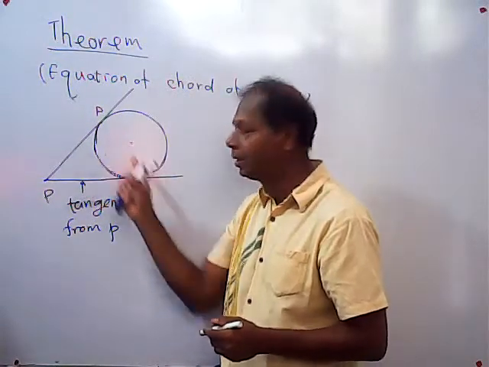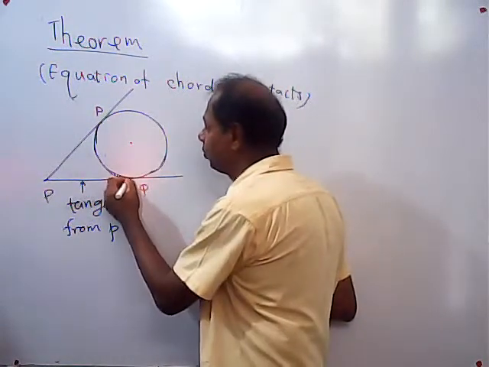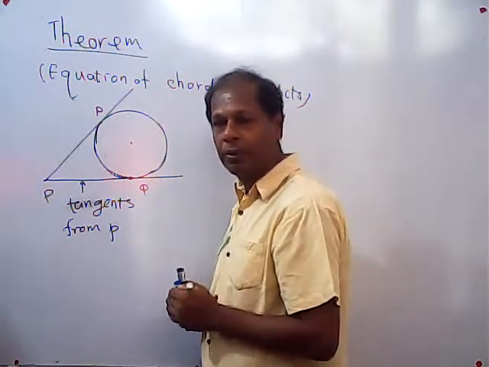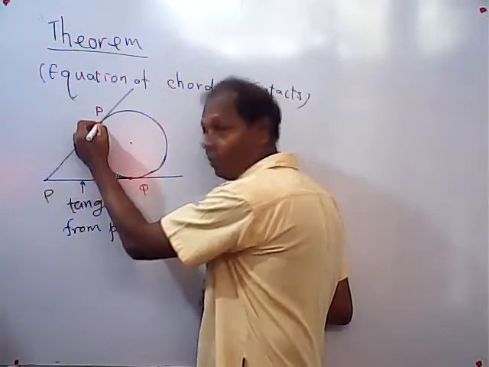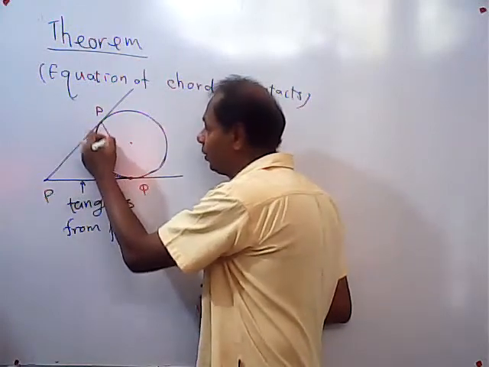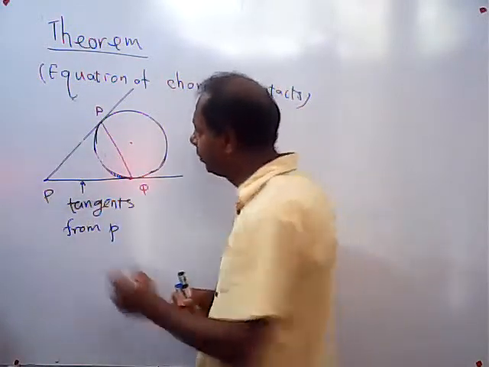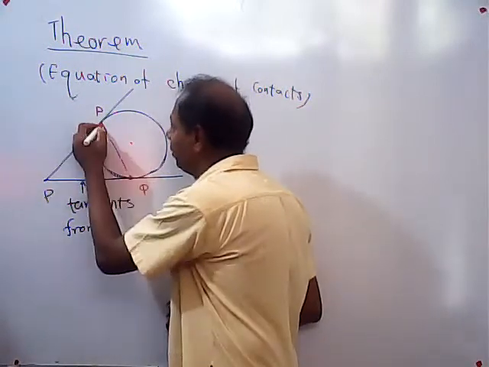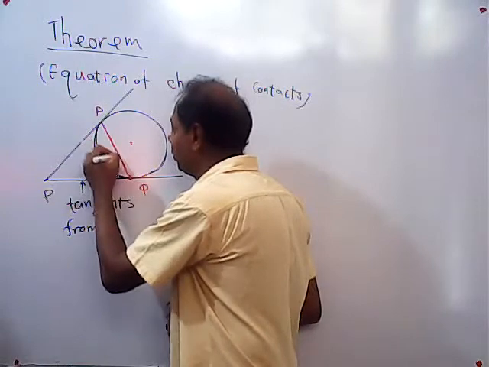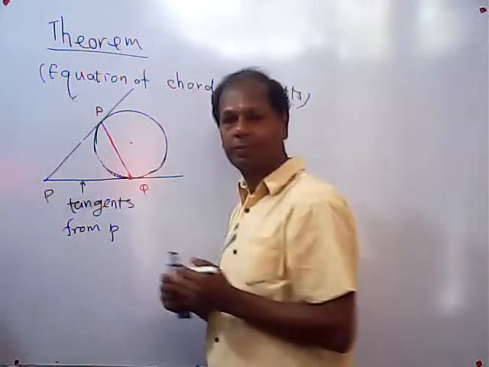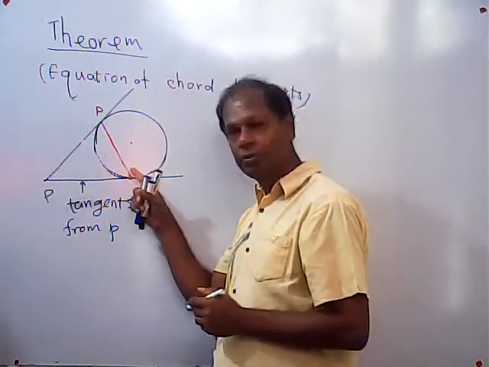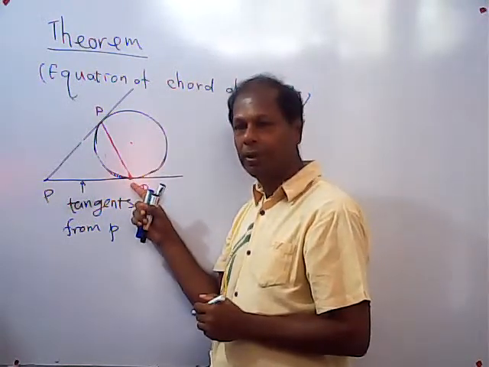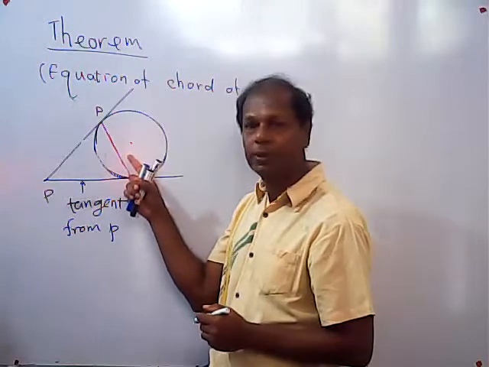You join these two points with a straight line segment, and it is this line segment, the chord, that you call the chord of contact.